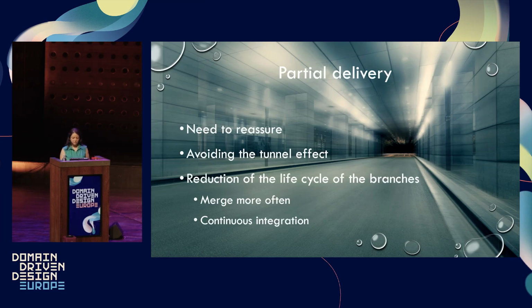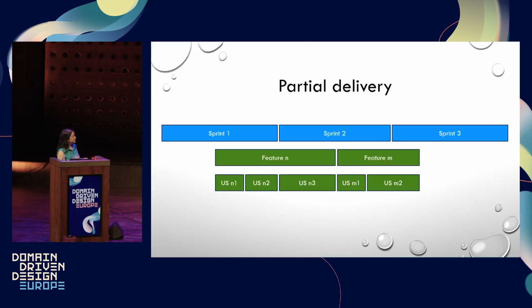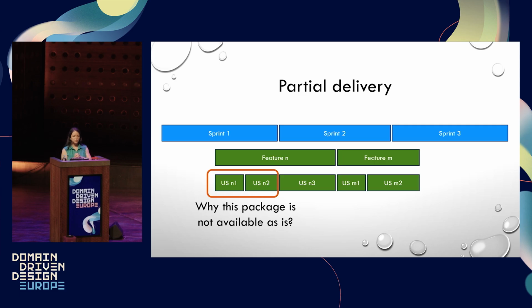Let's imagine this example: we have a feature during 2 sprints. The question is why we need to wait for the second sprint to enable the feature. Why can't we deliver the package with 2 user stories?